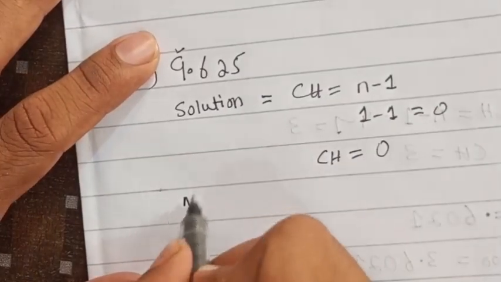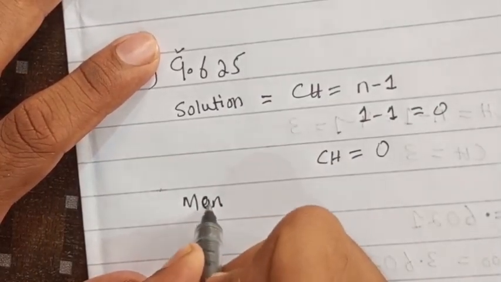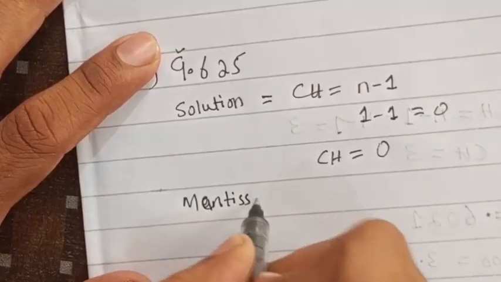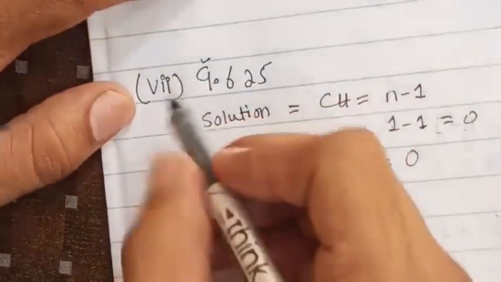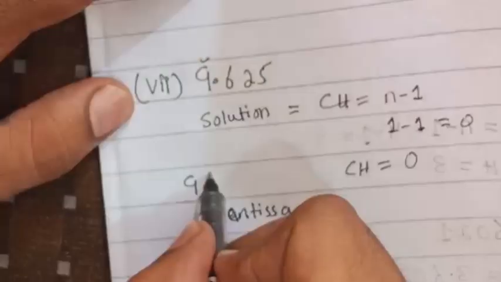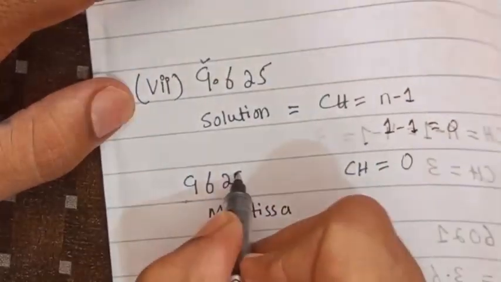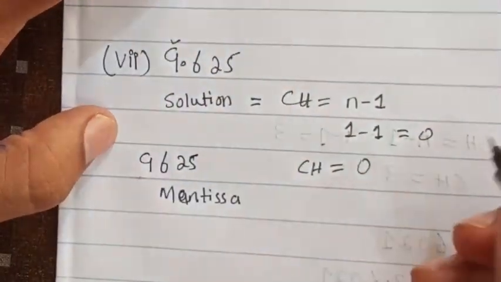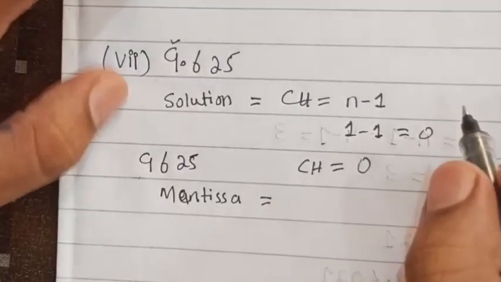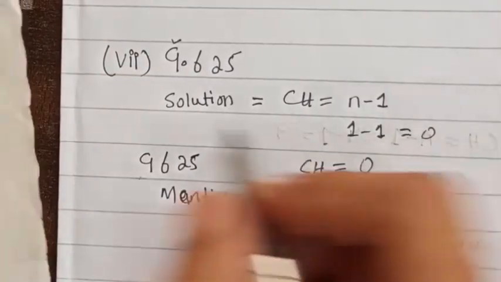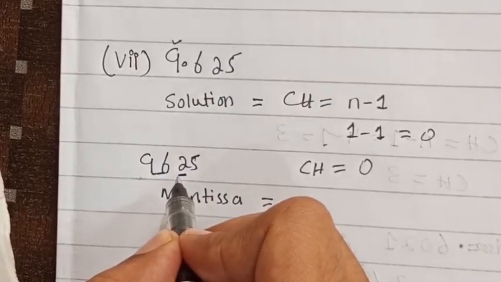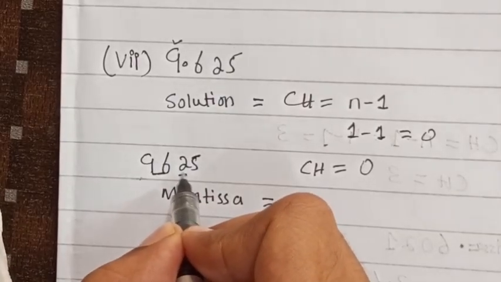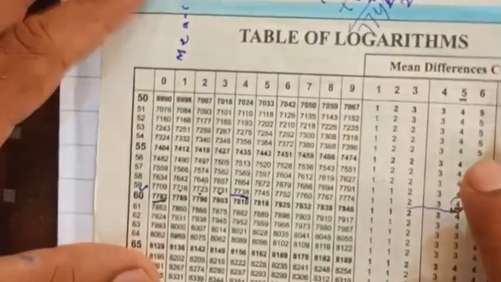So how will I find the mantissa? For the mantissa you will remove the point and make it 9625. So you are supposed to check 96 in column 2 of the logarithmic table.